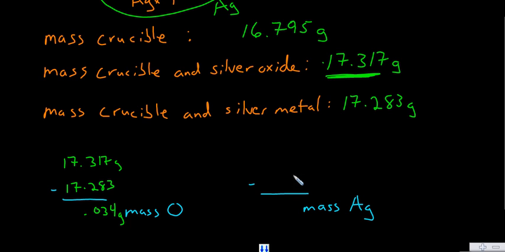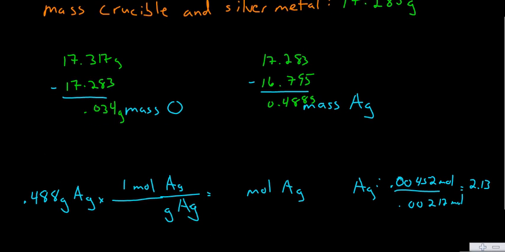And you can also find the mass of the silver. That's the difference between the mass of the crucible and the silver metal and the mass of just the crucible. So that is 17.283 minus 16.795. And that is 0.488 grams. And so now you have the mass of both elements.